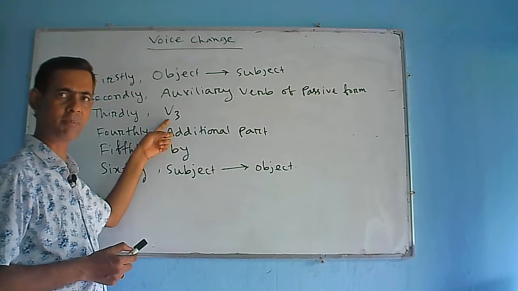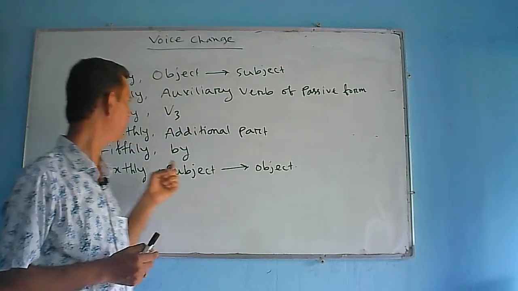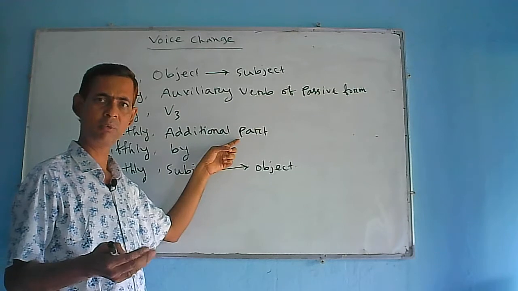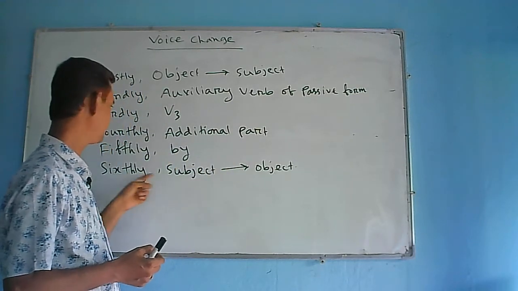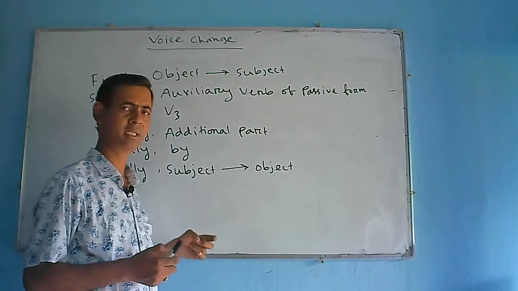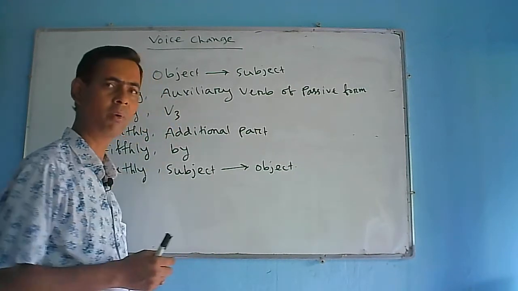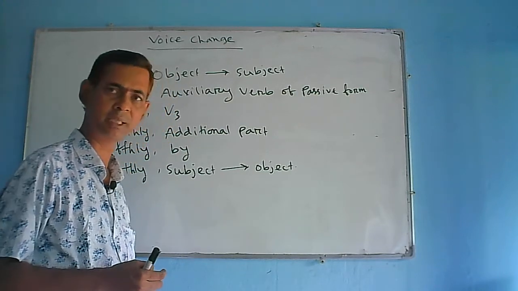Thirdly, third form of verb, that means past participle of verb, will be used. Fourthly, additional part if any will be used. Fifthly, by will be used, and sixthly, subject will be changed into object. You have to remember these 6 things for changing any active voice into passive easily.